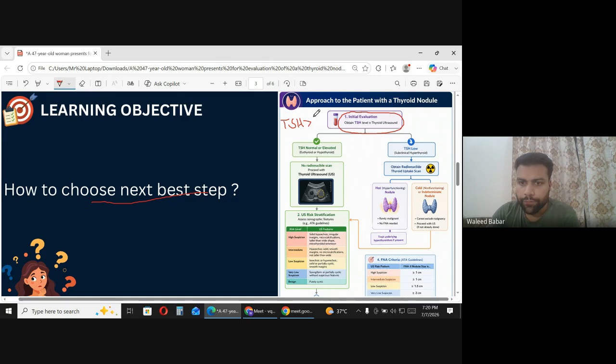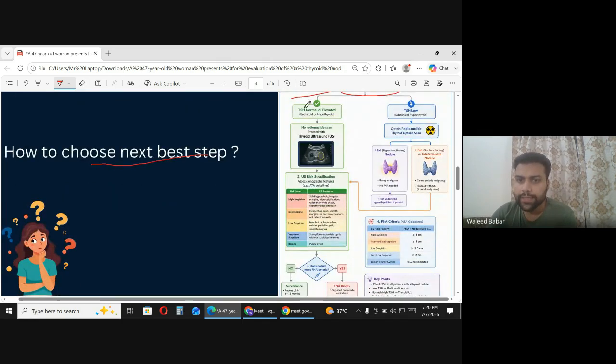So you can get the TSH level or you can get both on the initial step. After that, the further step is going to be decided by TSH levels. If TSH levels are normal or elevated, then we are going to perform thyroid ultrasound.